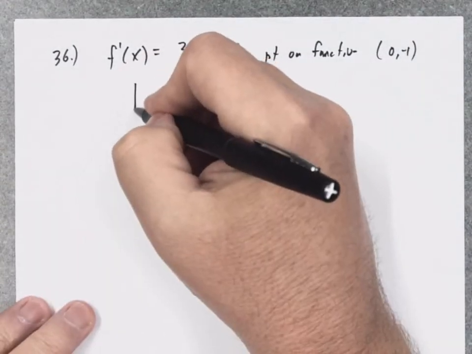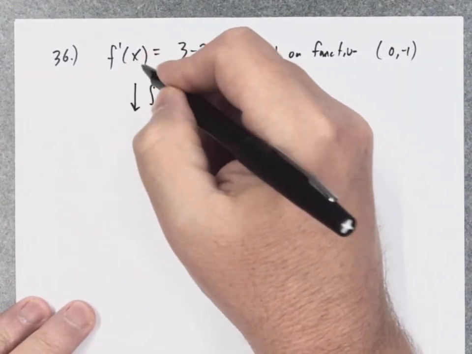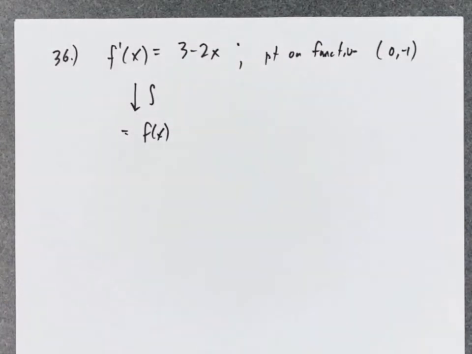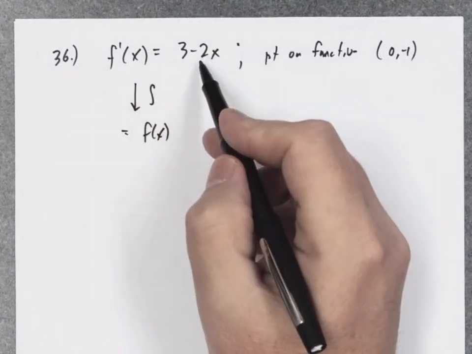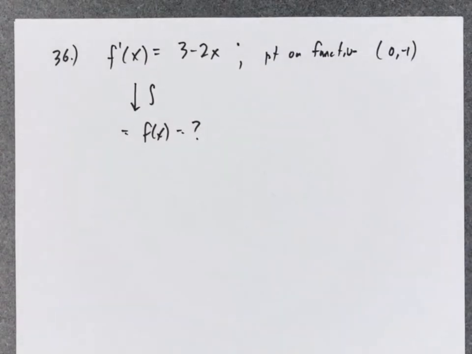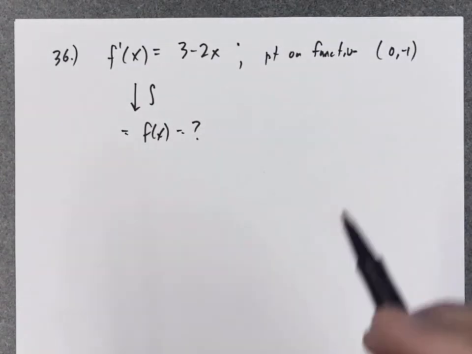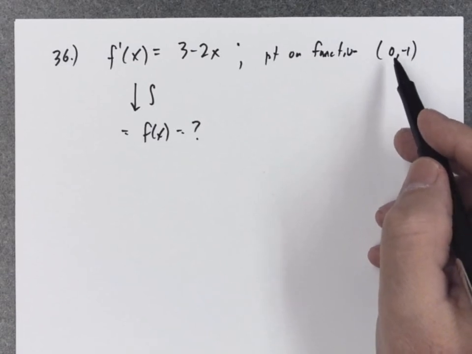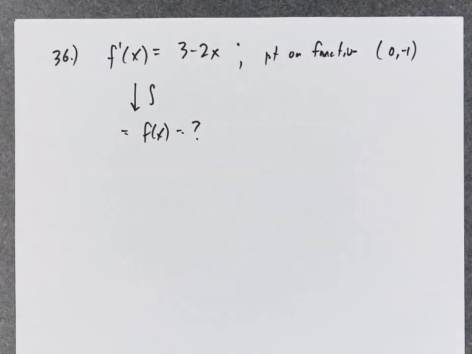And what you're going to do is, when you take the integral of a derivative, you end up with the original function. Because once again, an integral reverses a derivative. So in this case, they've given me the derivative. They want to know what was the original function. And the reason why they gave me this point, we're going to see in a minute. Let's just start working out this problem, and you'll see why we need to have this point.